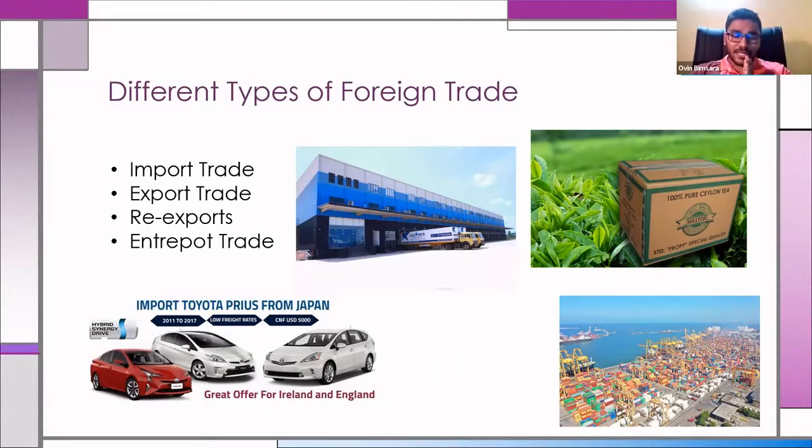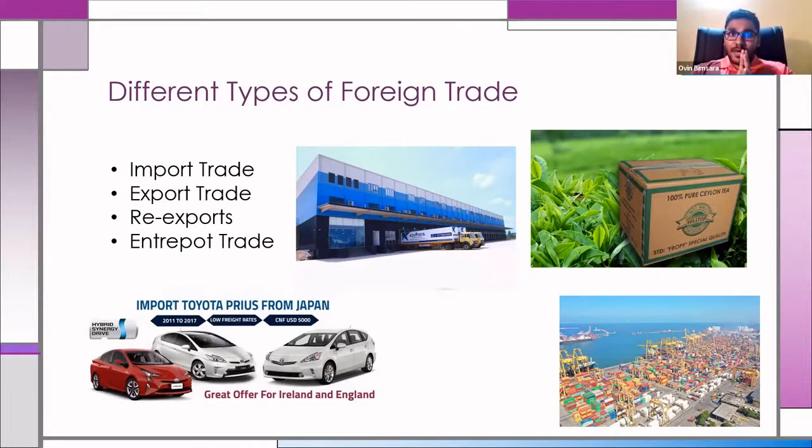So are you clear on what I said? Let me give you an example. There is something called Haley's Free Zone, a warehouse in Sri Lanka owned by Advantage. Advantage is the logistics arm of the Haley's group. So what they are simply doing is, they import products. Let's say a motor vehicle. For a simple example, let's say a motor vehicle.